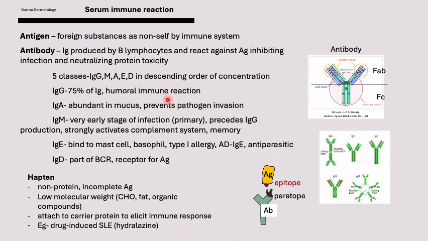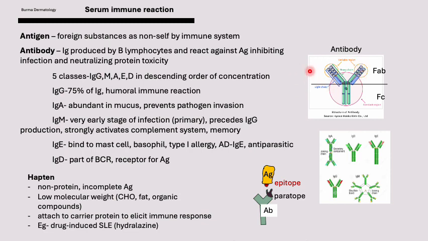And an antibody is the immunoglobulin produced by B lymphocytes that is able to react against infectious invading organisms or pathogenic proteins, which are called antigens, inhibit the infection and neutralize the protein toxicity.